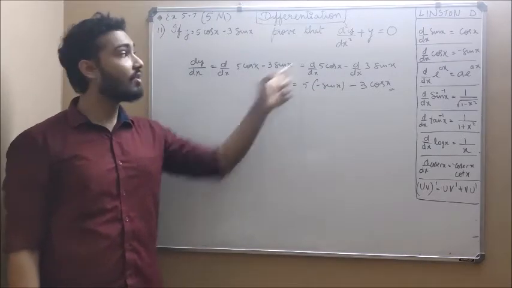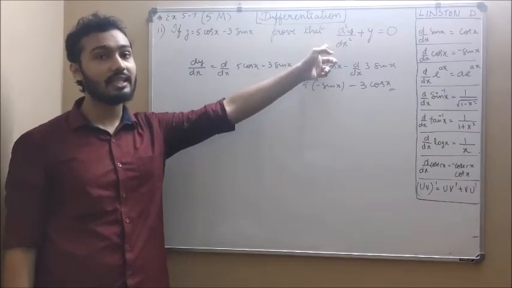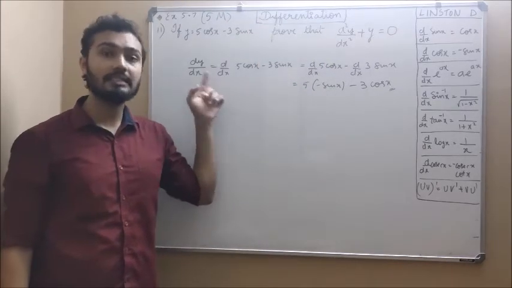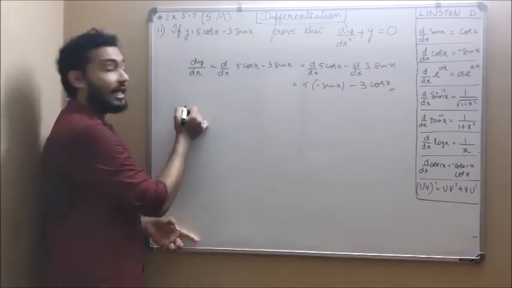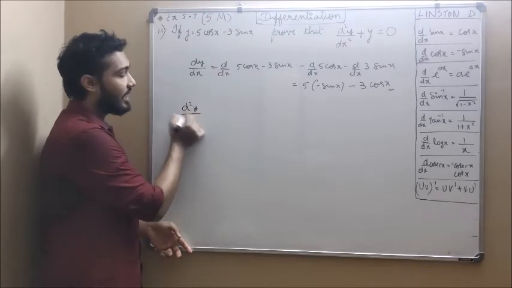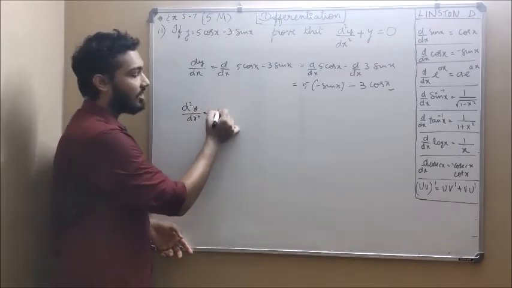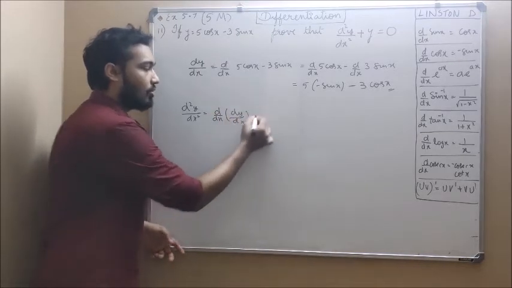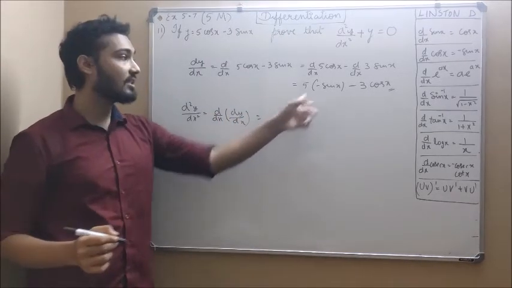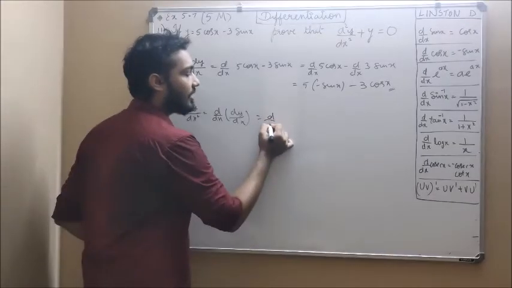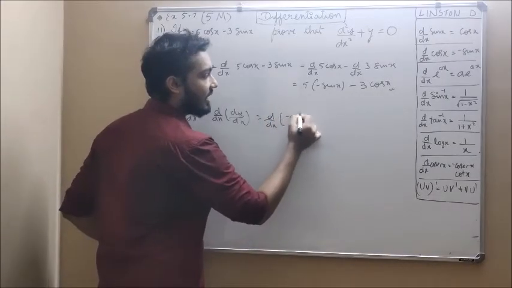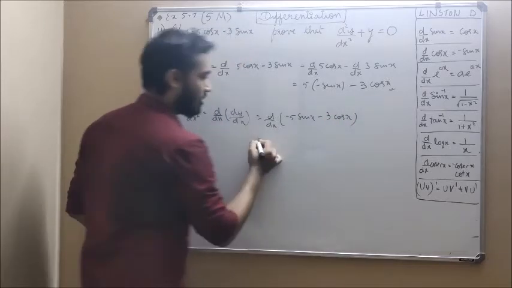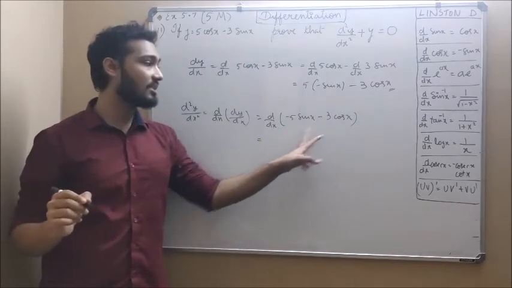Next what do we want? We want the second order derivative. What is the second order derivative? We have to differentiate this dy by dx, then we will get the second order derivative. So the second order derivative d square y by dx square is nothing but d by dx of dy by dx. What is dy by dx? It is d by dx of minus 5 sin x minus 3 cos x. Now differentiation of this minus differentiation of this.